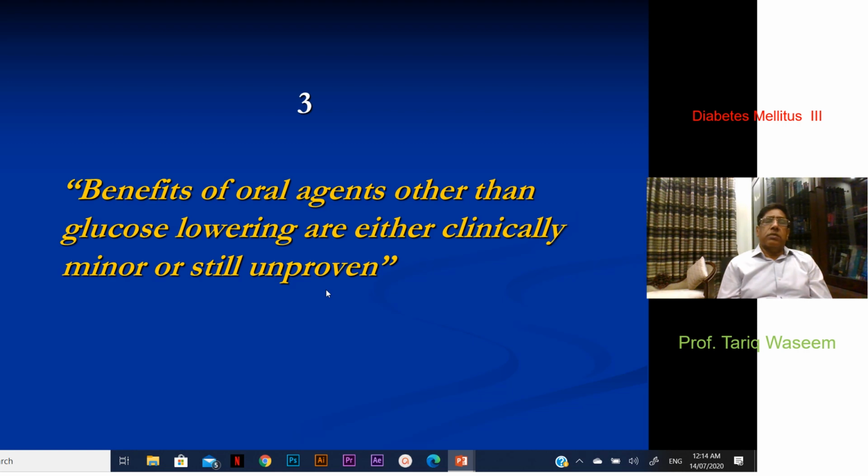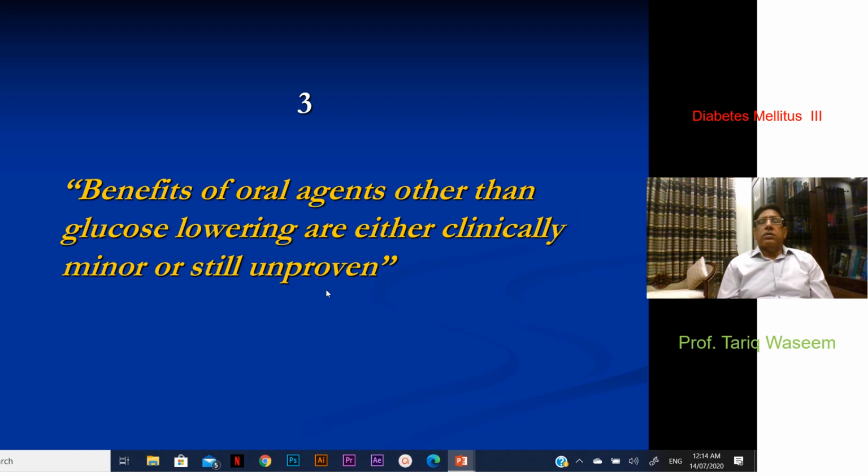The primary target of our management is reducing the overall cardiovascular disease risk of our patients. We have been talking about how diabetes is not alone. It is associated with other risk factors like hypertension, dyslipidemia, and increased atherosclerosis.